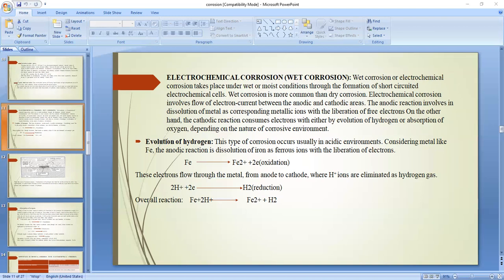So a small cathodic area and a large anodic area are found in the case of liberation of hydrogen gas. That is how hydrogen gas is evolved when a metal is exposed to the acidic solution.